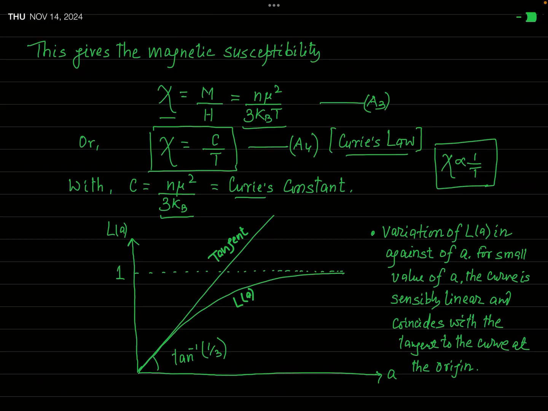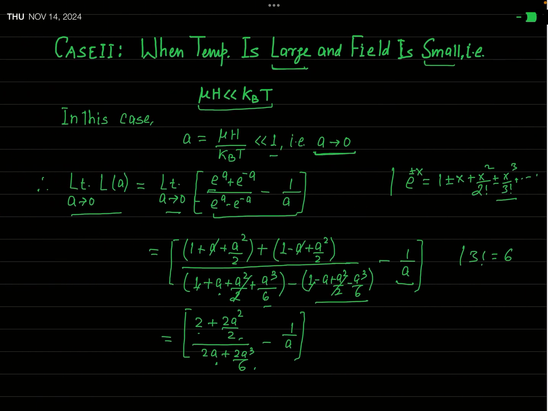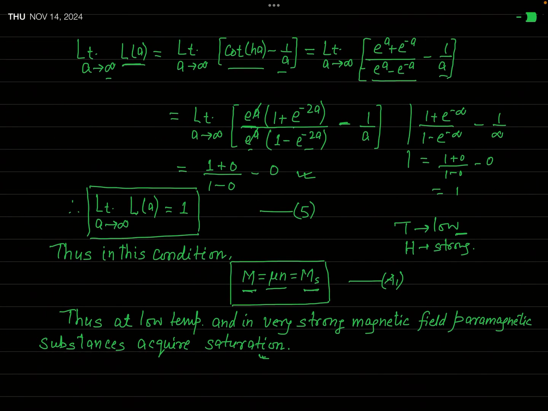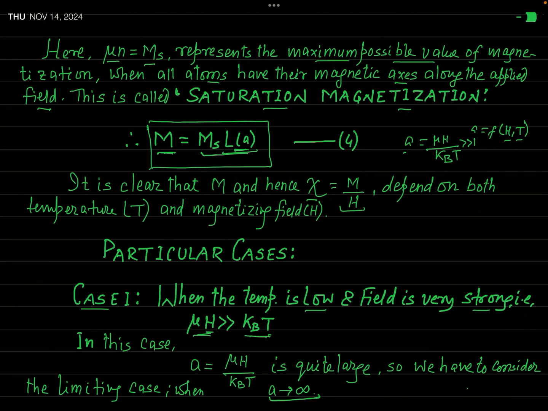Now, let us see this figure. Actually, in this figure, I have shown the variation of Langevin function L of A against A. When A is equal to 0, then the Langevin function will be 0. You can see the expression for the Langevin function.